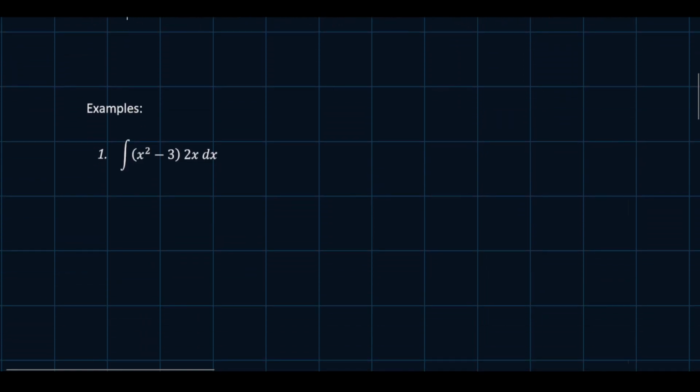Okay, first example. We want to find the integral of x squared minus 3 times 2x dx. As mentioned previously, this is also referred to as U substitution kasi yun yung kadalasang variable na ginagamit natin wherein U, this one is a function of x.